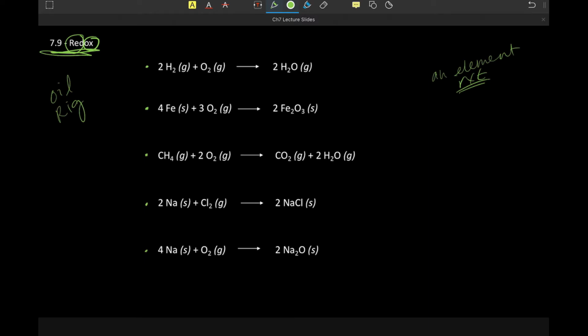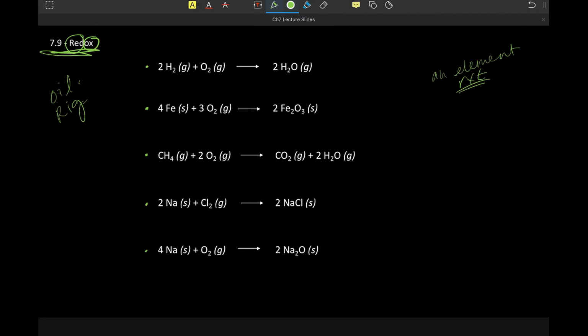When it combines with something else, the odds are that sharing is no longer equal, which means something has more access to those electrons and something has less, which is again the give and take, loss of electrons or gain of electrons. So we should recognize that all these qualify as redox because there is an element as a reactant.